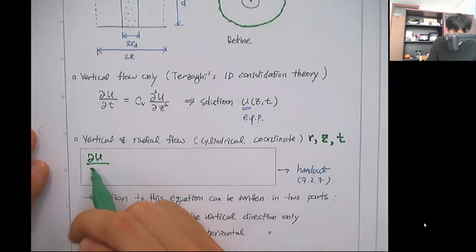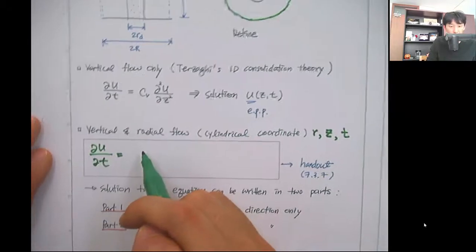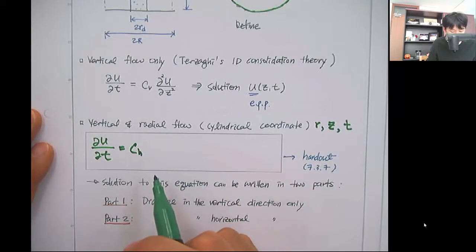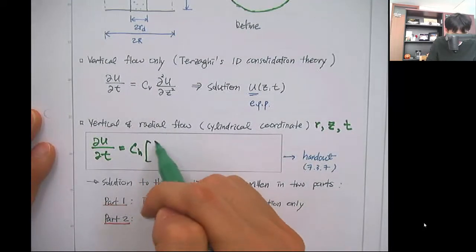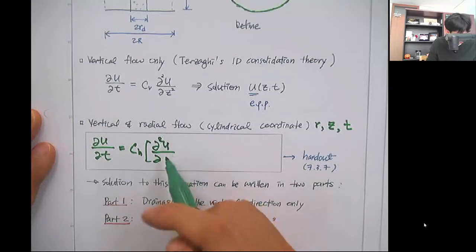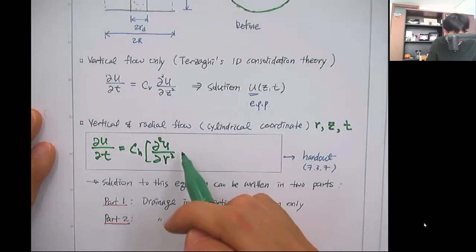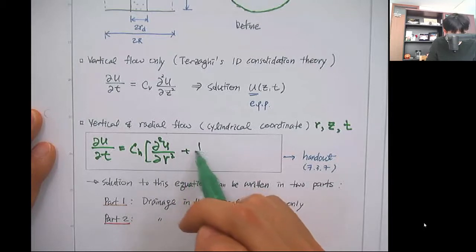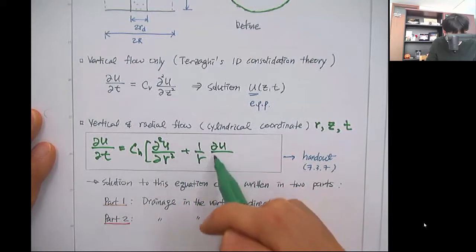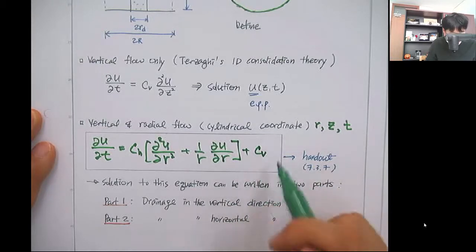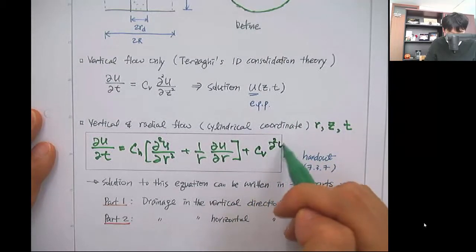So ∂u/∂t equals c_h, the horizontal direction coefficient of consolidation, times (∂²u/∂r² plus 1/r ∂u/∂r), plus c_v times ∂²u/∂z², and this is for the vertical component.